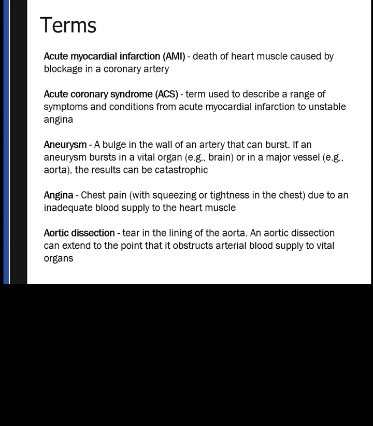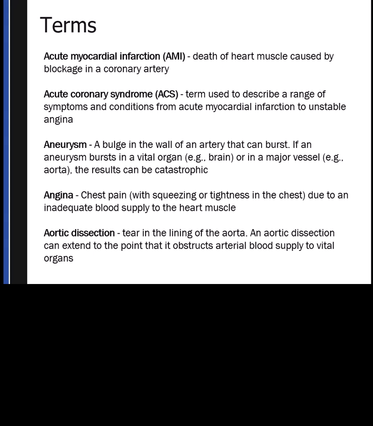But a triple A refers to an abdominal aortic aneurysm, which is basically a ballooning out of the aorta as it passes through the abdomen. Good question. And remember, an aneurysm does not mean that your patient dies.